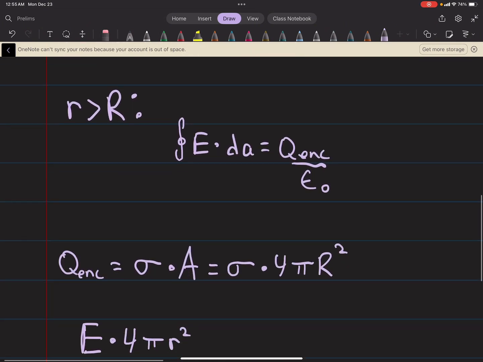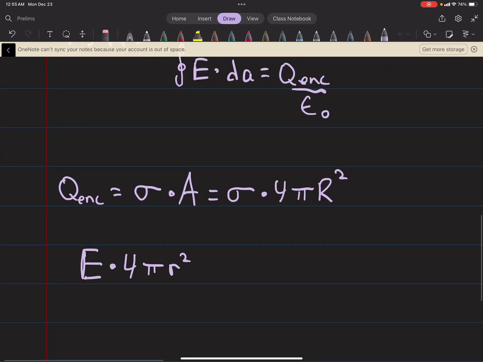I sometimes remember getting confused about little r and big R with some problems when I did undergrad EM, so hopefully that isn't confusing for you.